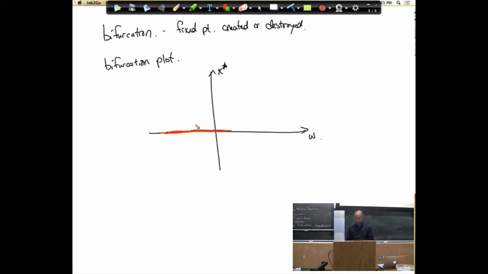Okay? When W was large, we said we had two stable fixed points. We had one at positive 1, and we had one at negative 1. And then something interesting happens in between.